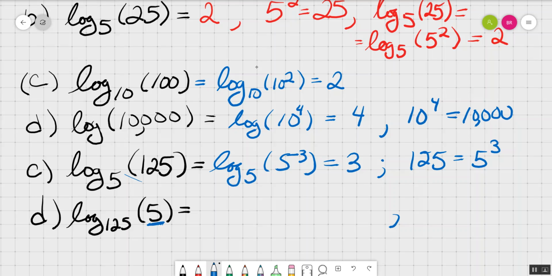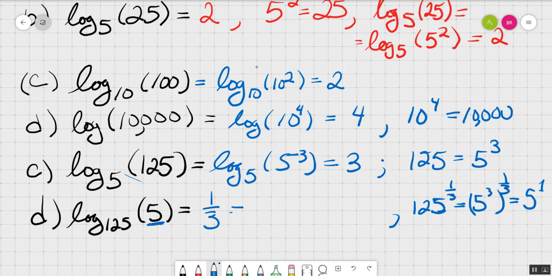So think about doing the cube root of both sides, or 125 to the 1/3 power is the same as 5 cubed to the 1/3, which will be 5. Multiply these two exponents together and you'll get a 1, which will be 5 to the 1st. So then hopefully you look at this and you're like, I got it. This is going to be 1/3.